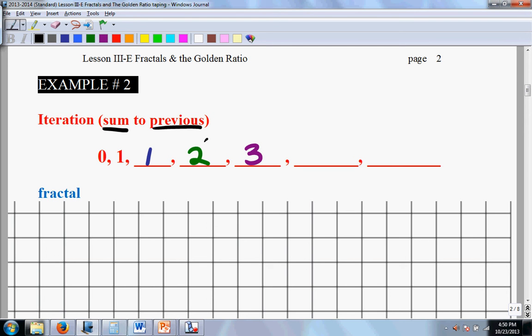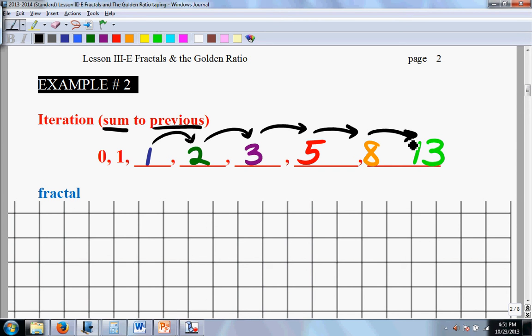Now add 2 and 3. Of course, we get 5. Now add 3 and 5. We get 8. Let's do one more. 5 and 8. We get 13. So we just have a repeating mathematical process here, where you take two numbers, sum them, go on to the next number, and just keep going on and on.